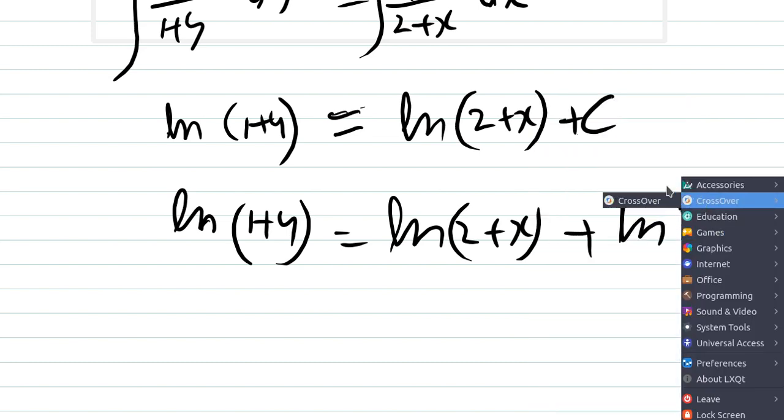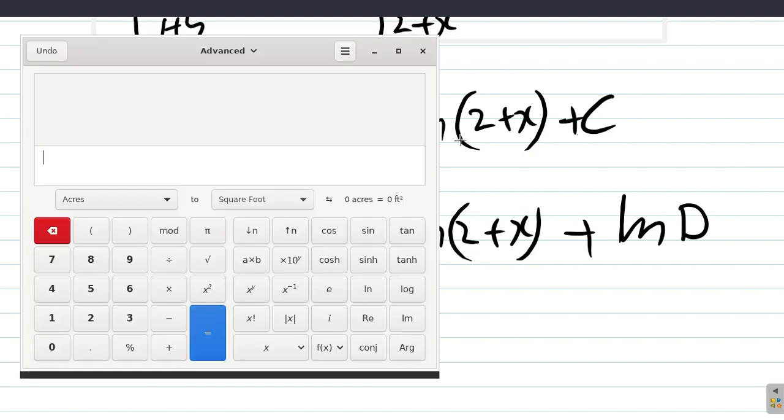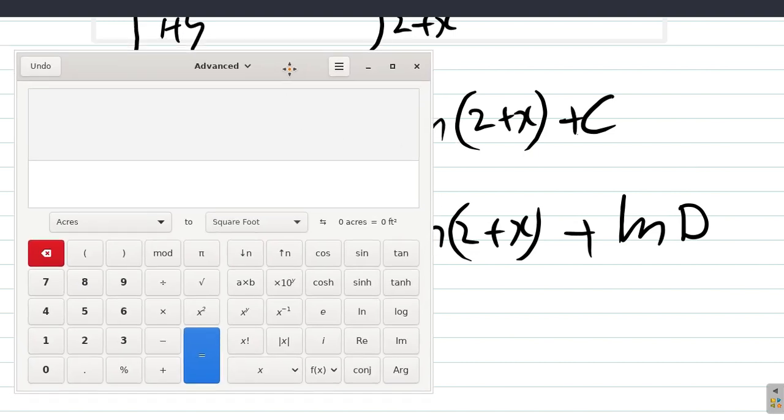Let's look at an example dealing with a particular law of logarithm that we want to look at. Suppose you say ln 2 plus ln 3. What do you get? You get 1.79.